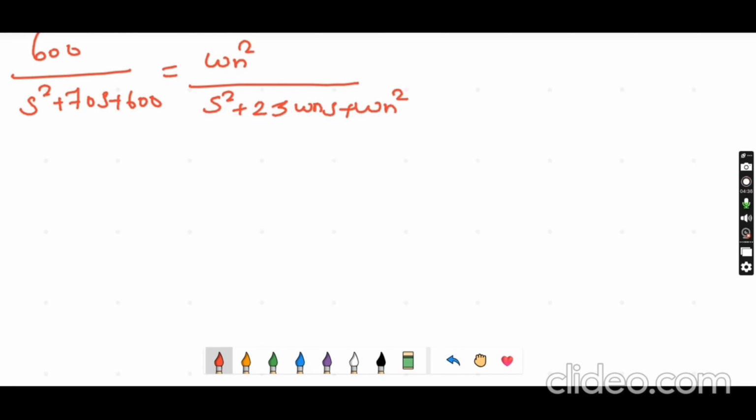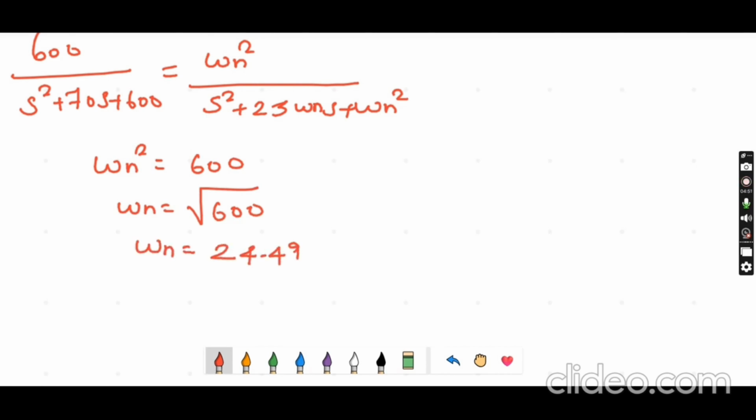If we compare these two, we can equate the numerator term, omega n square, as 600, whereby omega n will be equal to root of 600. So omega n value will be 24.49 radians per second.